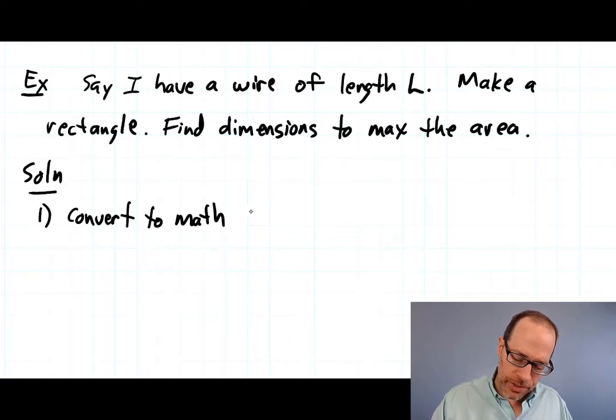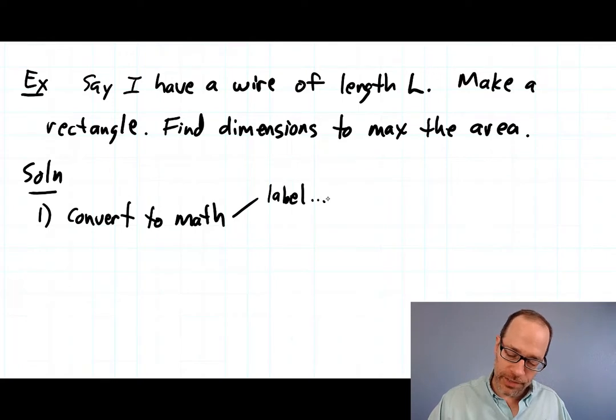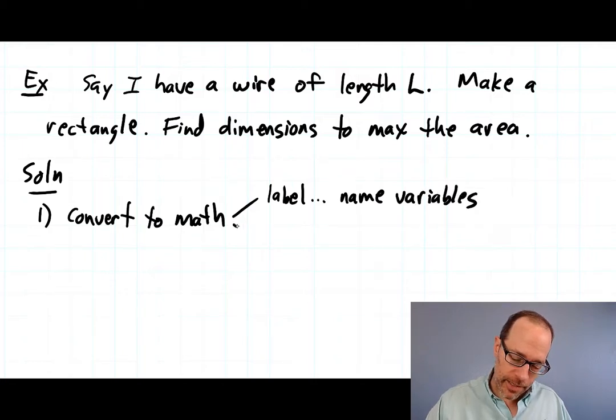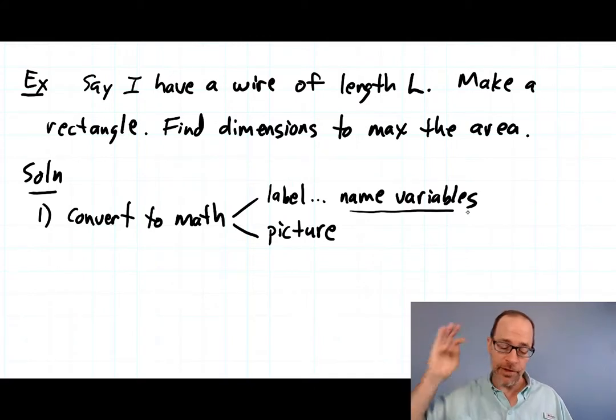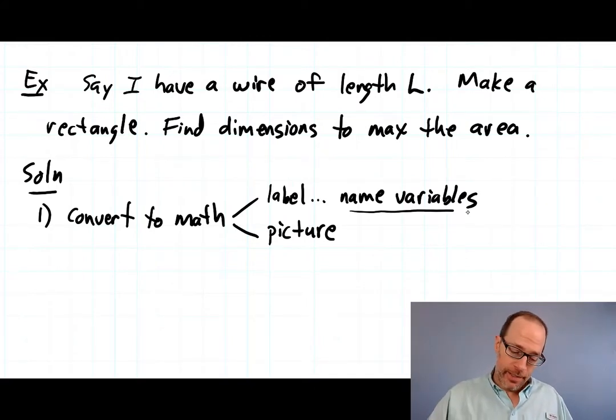Important parts that usually go into this, usually you have to label things, which is often equivalent to saying you have to name variables. And it's not always the case, but often you'll end up doing this best by drawing a picture. But you certainly are always going to have to name variables to get started.